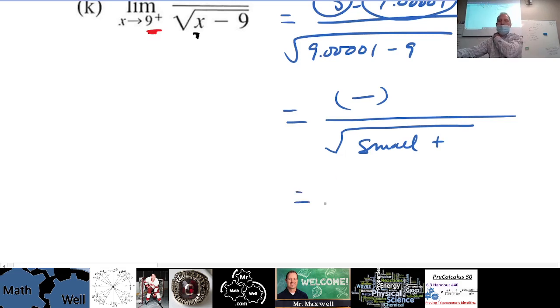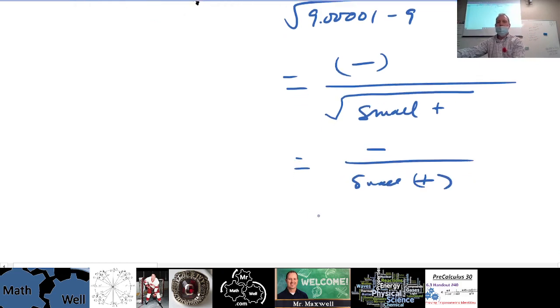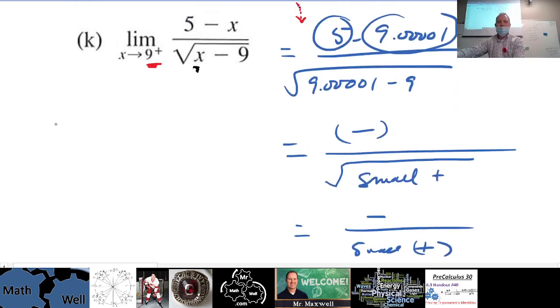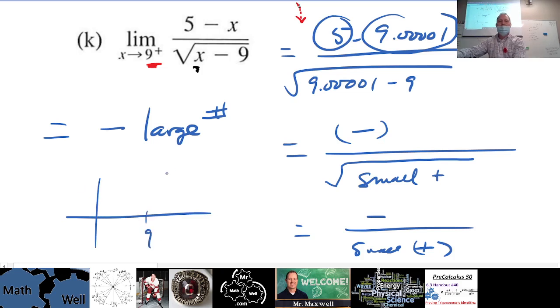Okay, so you've got a negative divided by a small positive. When you divide by a small number, you get a very large value. When you have a negative divided by a positive, you have a large negative number. So the limit on the right side of 9, here's 9, it should be going down to the negative region right here. And that's what you're asked to find.